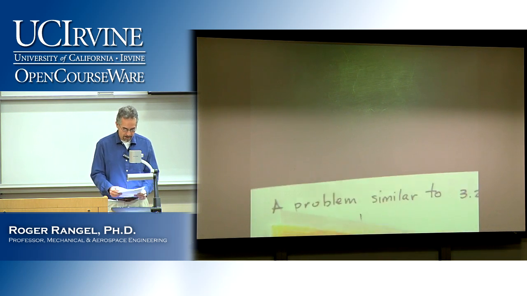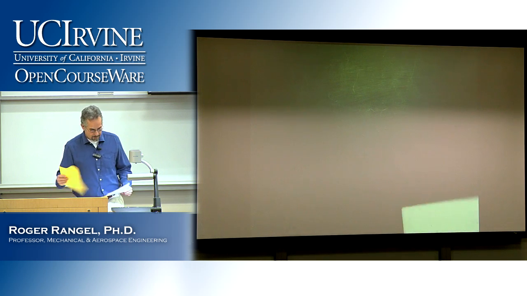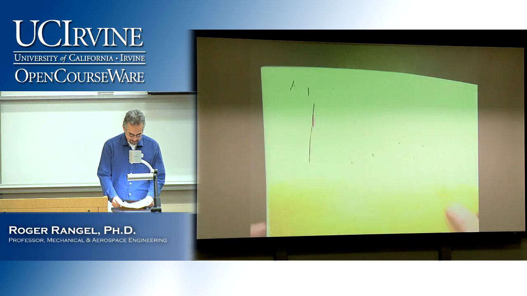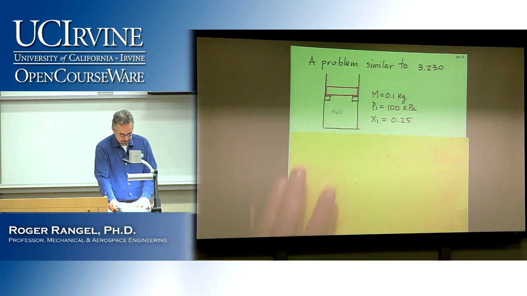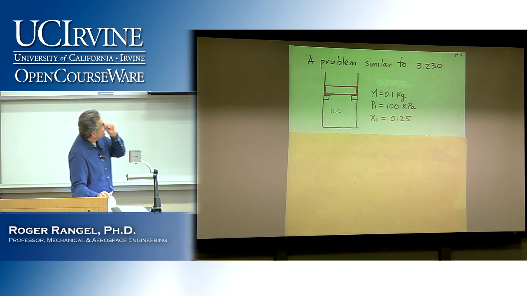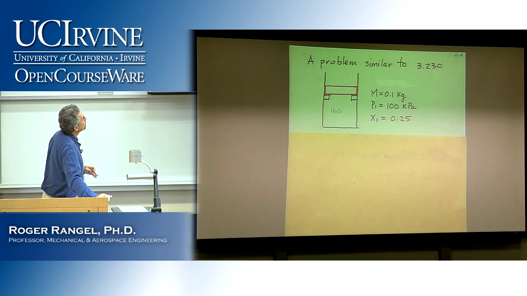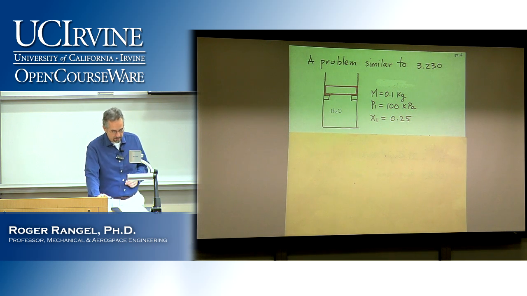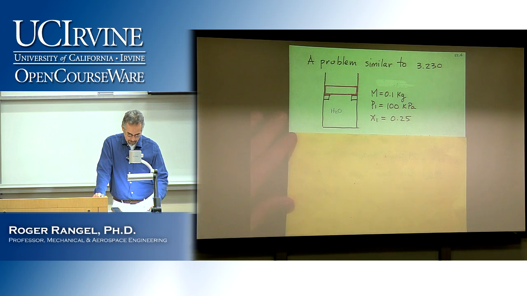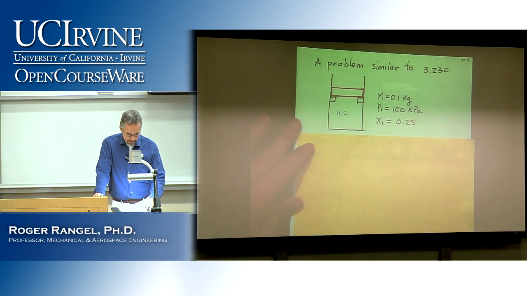So that's why I'm calling this a problem similar to problem 3230. It's similar. There are little variations in the data, but conceptually it is really the same problem. So a problem similar to problem 3230.